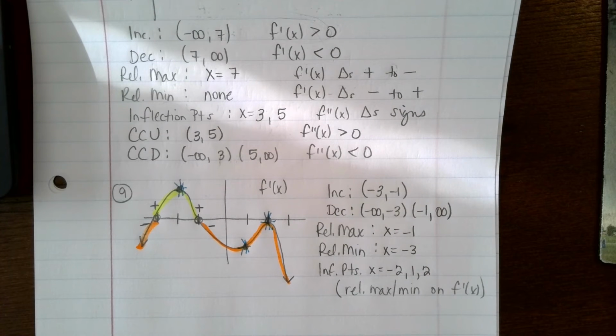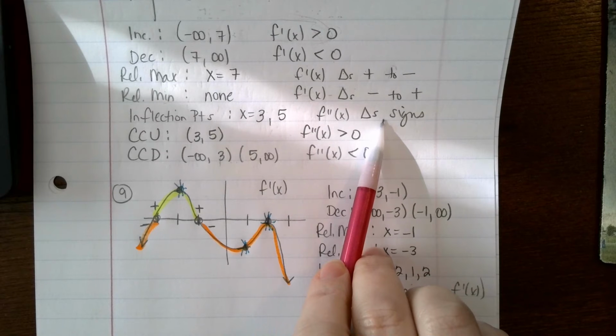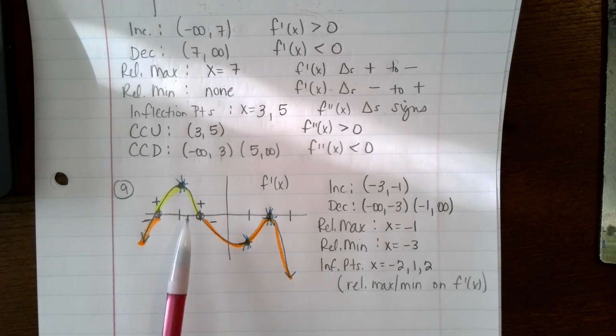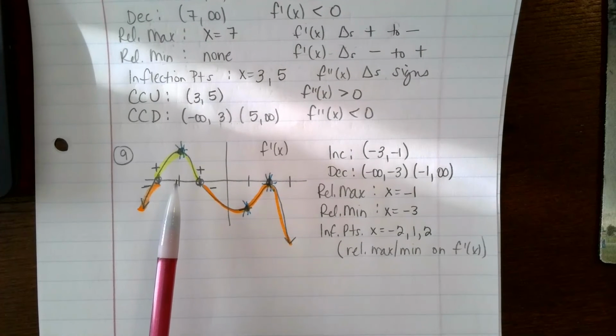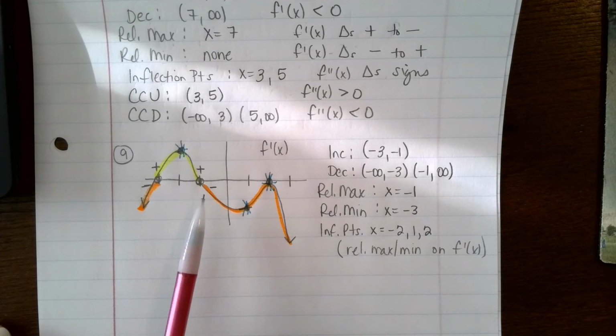That's your justification. You can't say the second derivative changed signs, because you don't have the second derivative in order to justify that. So you have to say it's a relative max or a min on the derivative, which is what it is that you have.